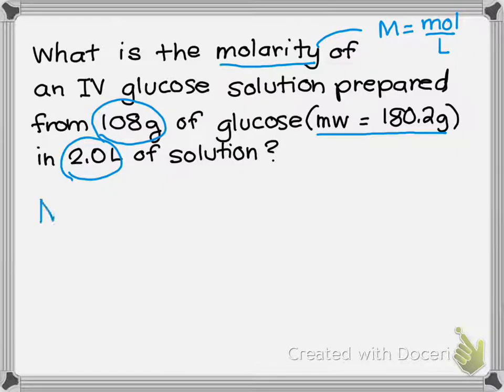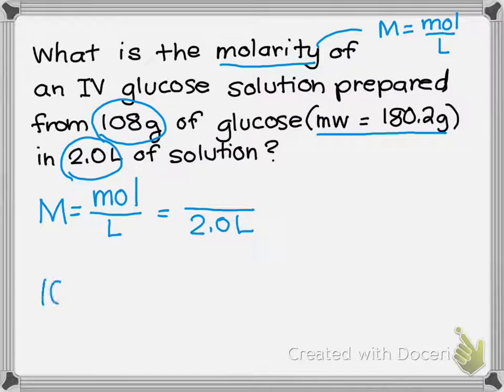So I think to myself, molarity equals moles of solute over liters. Well, I already know that it's 2 liters of solution, but they did not give me moles. Instead, they said I had 108 grams. So before I solve, I have to convert 108 grams to moles.